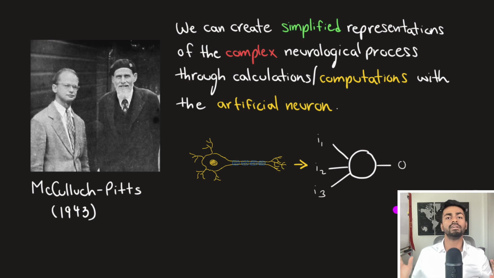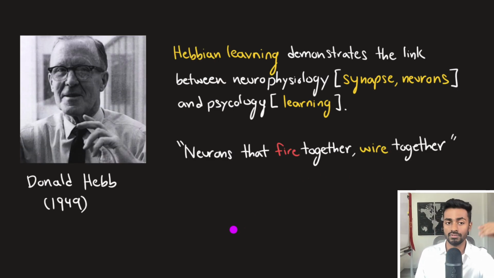Before we go, let's generate a summary. In this video, we introduced the biological process as well as the computation model for the artificial neuron. We also introduced, in the 1940s, the idea of Hebbian learning, where neurons that fire together wire together, and introduced this through an example of eye blink conditioning.